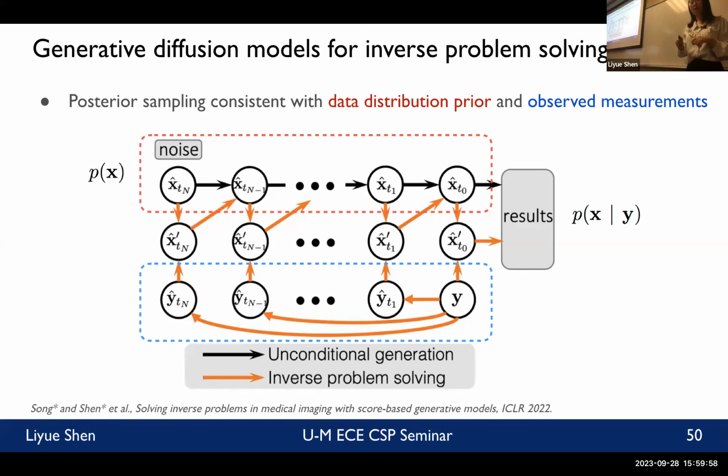In a previous paper, we proposed to solve this problem by injecting the information of y into each step of the diffusion model and incorporating it into the images at each step.